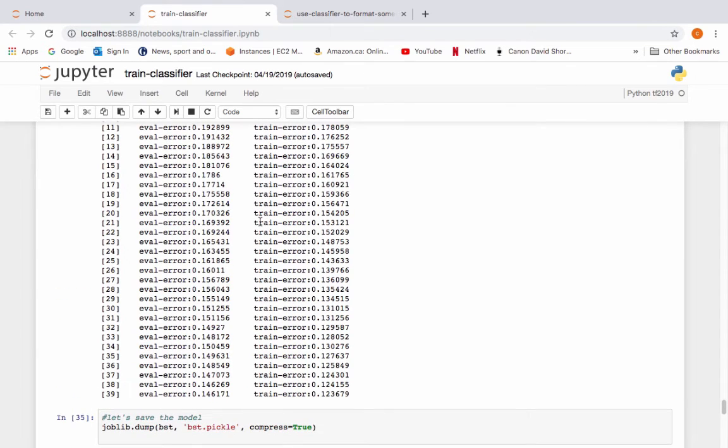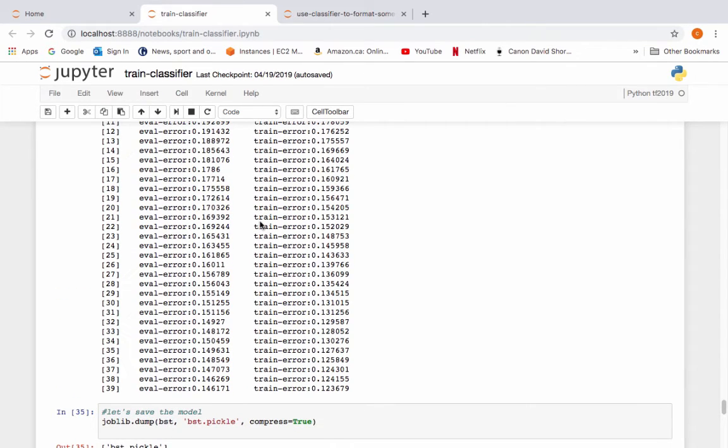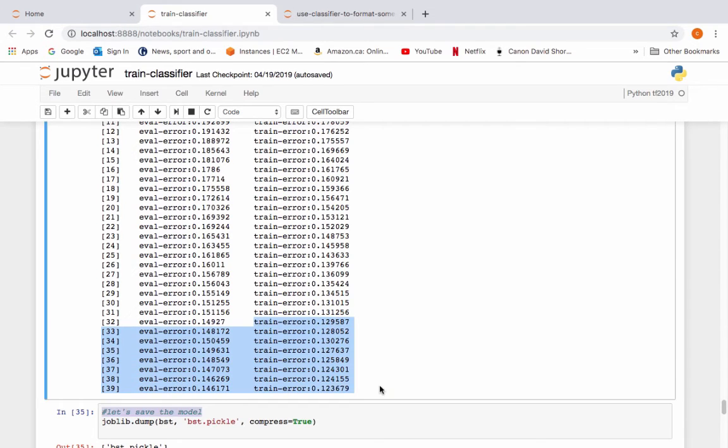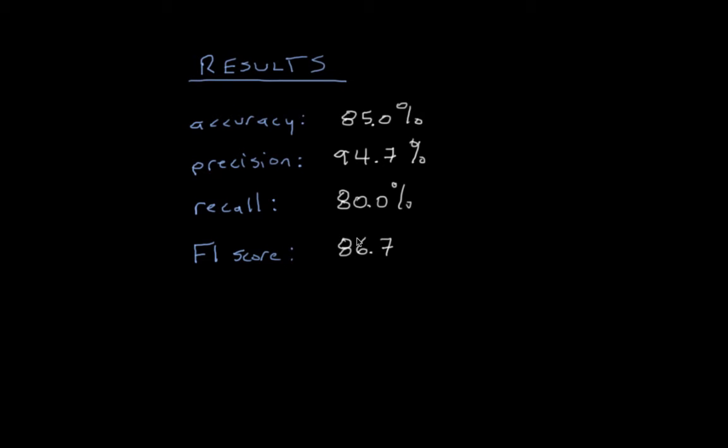Yeah, 40 epochs. I could have trained it for longer because after 40 epochs, you can see that the loss is still decreasing here. But I stopped it there because of time constraints. And so when I evaluated the classifier on unseen test data, I got the following results. Accuracy was 85%, precision was 95%, recall 80%, and it had an F1 score of 86.7.